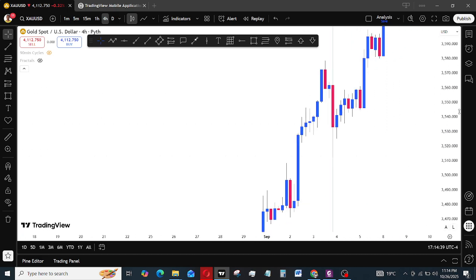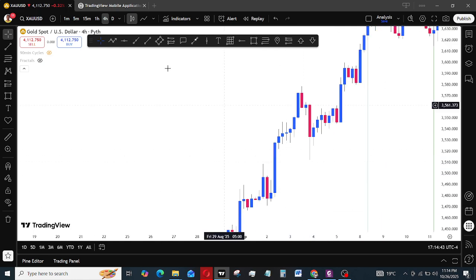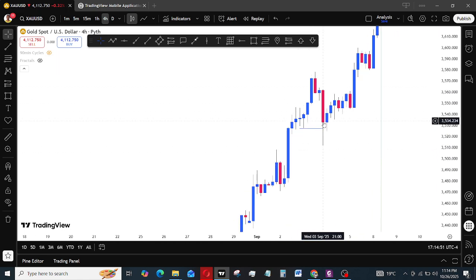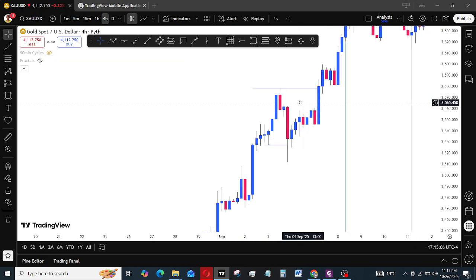When we look at this point, we realize that there was liquidity around this point. So when this order block wicked and swept the liquidity which was here, it continued in this direction and it broke market structure like this.